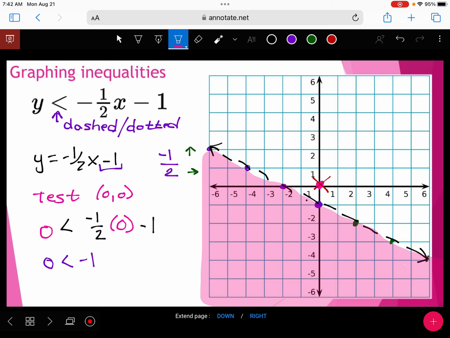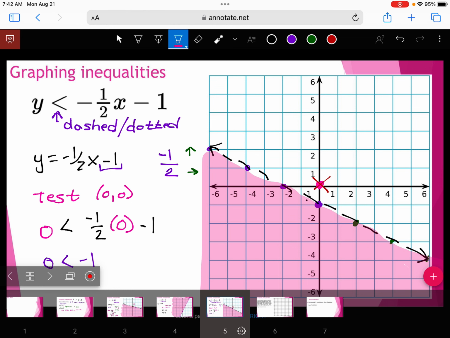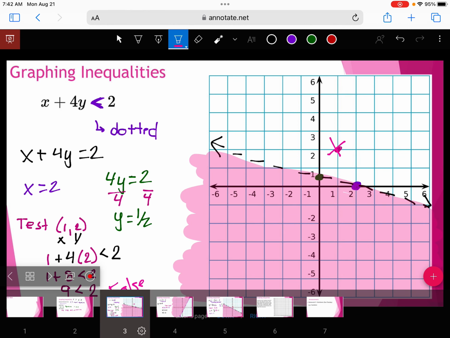But that only works if y is on the left and x is on the right. So when we have them in standard form, that doesn't work at all. We'd have to solve it and get the y's on one side and the x's on the other, which is why I do the test point instead, because then we'd have to solve this into slope-intercept form. That does work as long as y is on the left and x is on the right. Yes, dear.